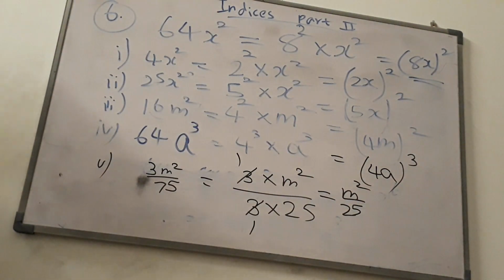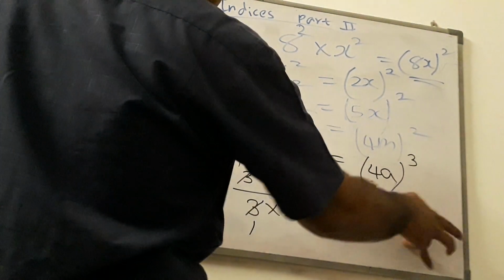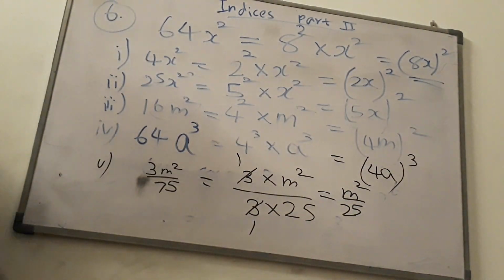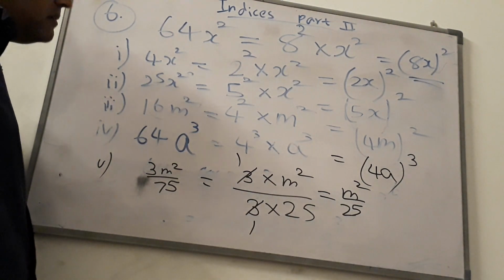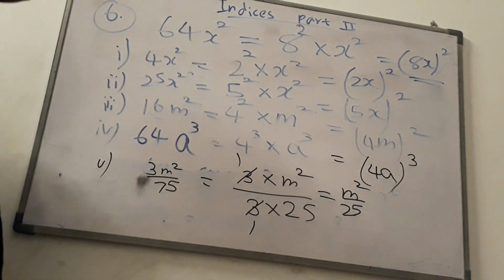Is that our final answer? Okay, it should be something inside a bracket, with a common power. So how can we write it?